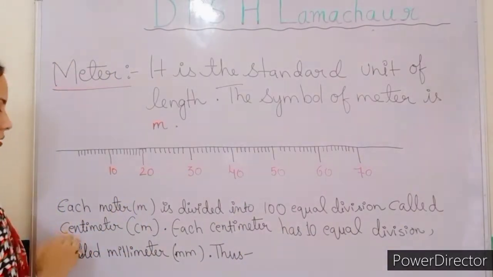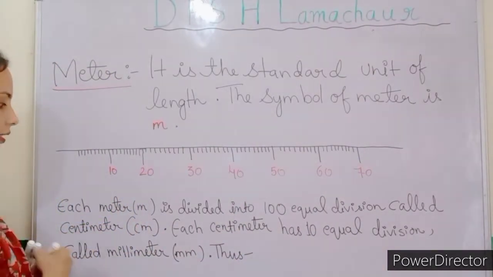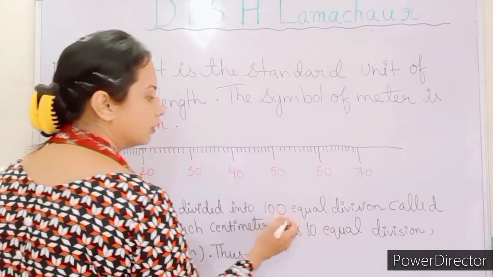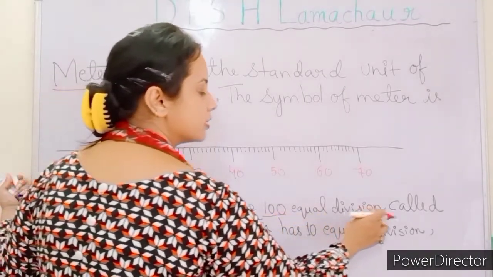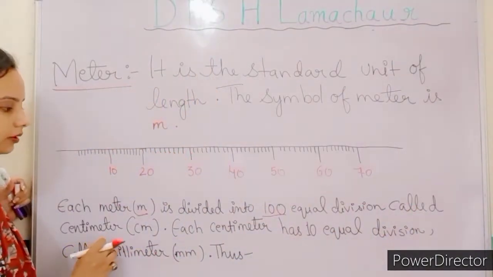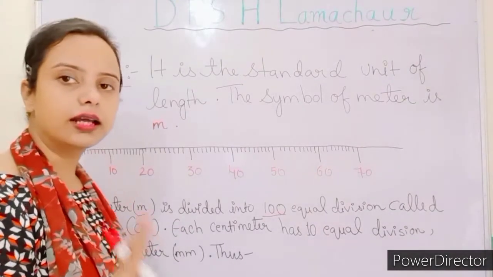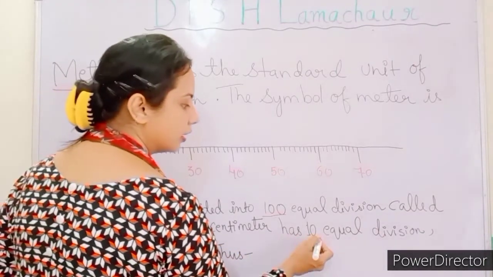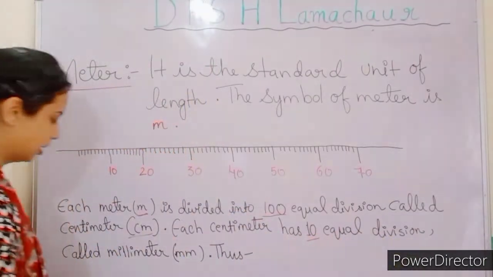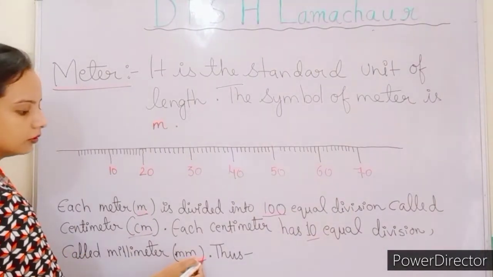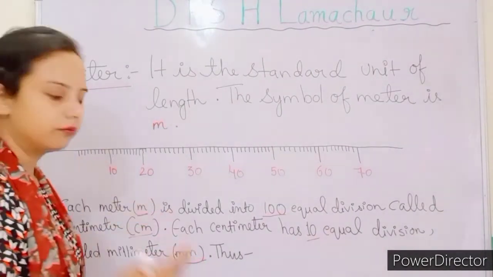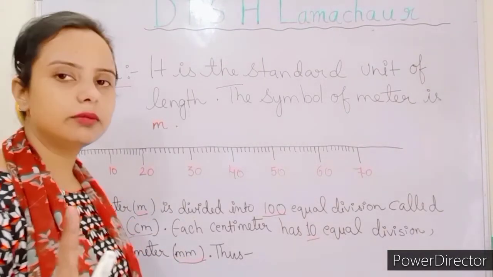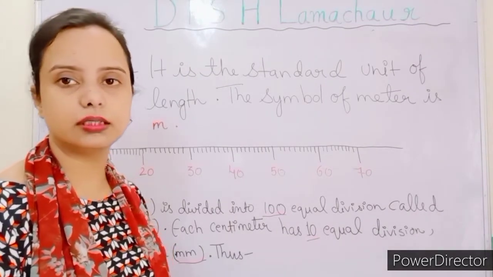Each meter, denoted by m, is divided into 100 equal divisions called centimeters. Means in 1 meter there are 100 centimeters. And each centimeter has 10 equal divisions called millimeters, denoted by mm. In 1 centimeter there are 10 millimeters.